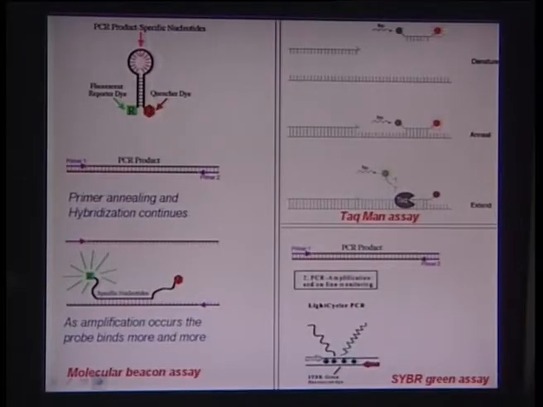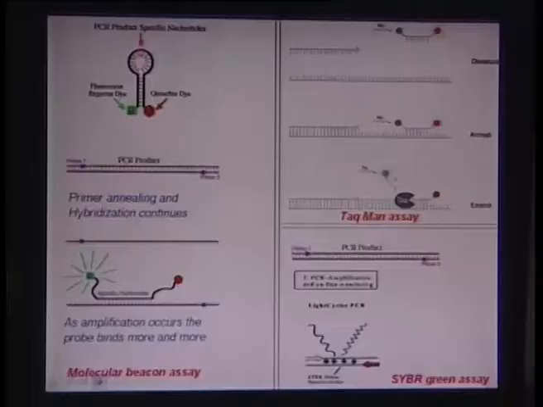If there is a rapid growth in the molecules, it reports an exponential growth in the fluorescence. If there is a plateauing because one or more of the reactants have been depleted and the copies are not getting formed anymore, the fluorescence signal would also report the same. So it gives a real-time snapshot of the whole PCR reaction. This is also known as real-time PCR or qPCR, the quantitative PCR process.